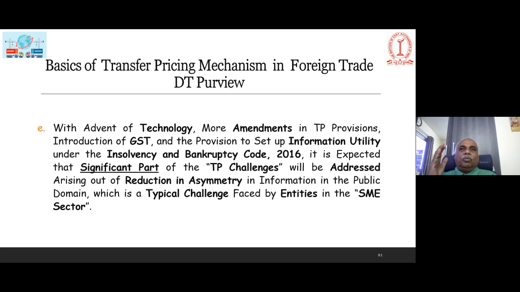But we should know the methods, how the company is audited, and what areas are to be audited by the tax authorities. A significant part of transfer price challenges is expected to be addressed through reduction in asymmetry of information in the public domain, which is typically a challenge faced by entities, including the SME sector.